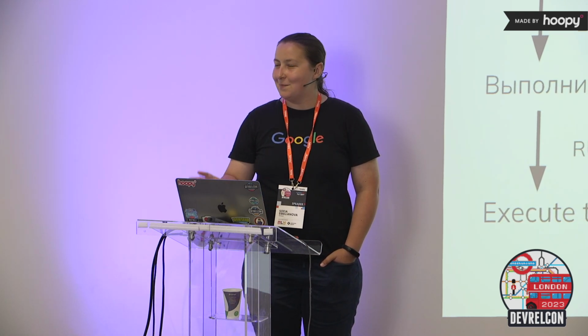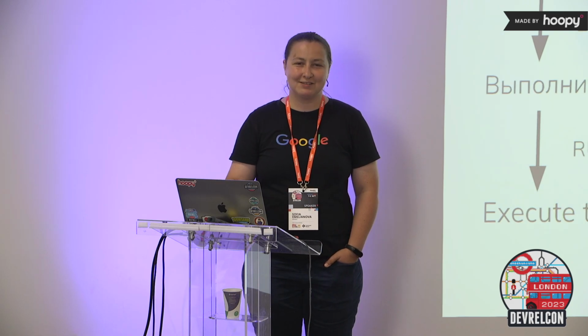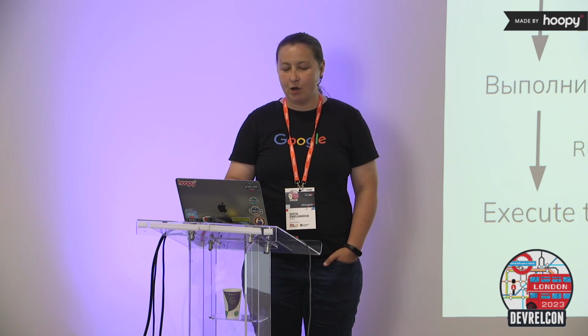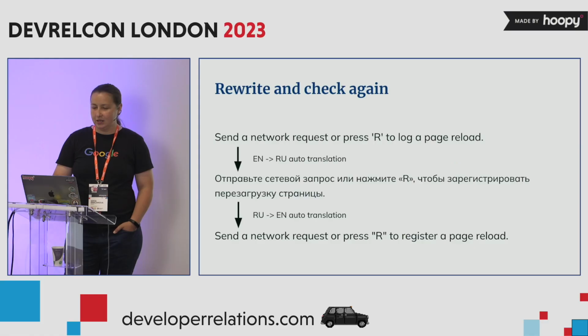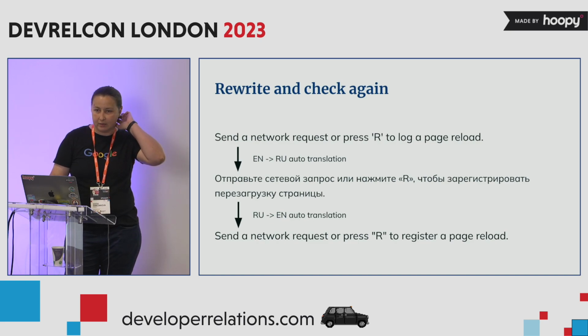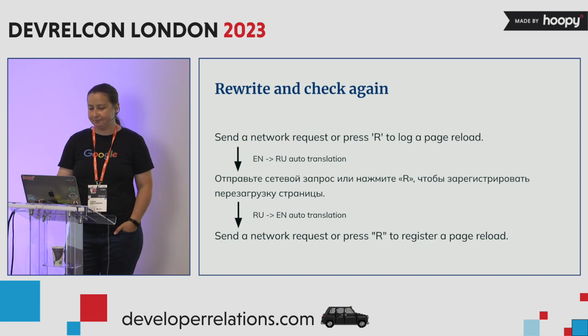So automatic translation mistranslates a lot. However, you can also use it to catch potential mistranslations, even if you don't know any other languages. Here's a fixed example, rewritten to eliminate ambiguity in translation. The only change here is that log was transformed into register, which arguably doesn't change the meaning.